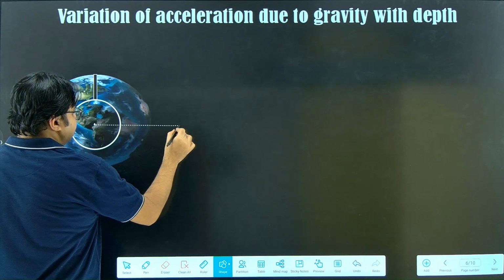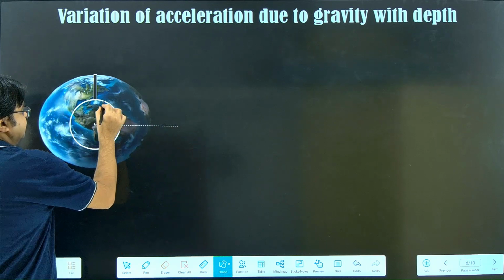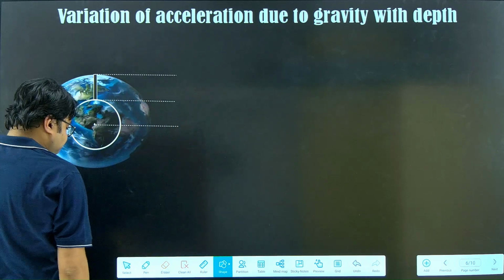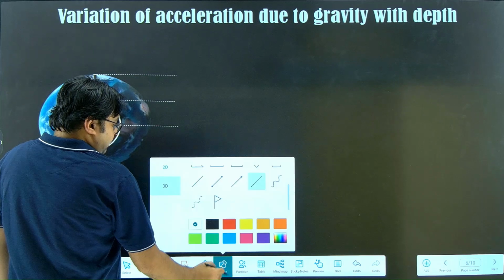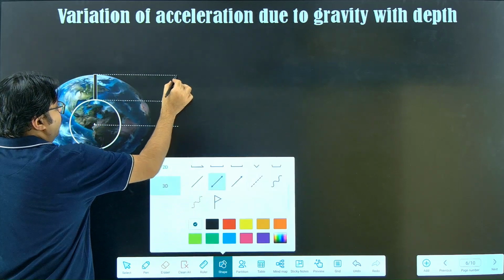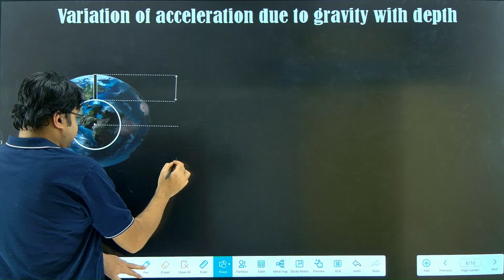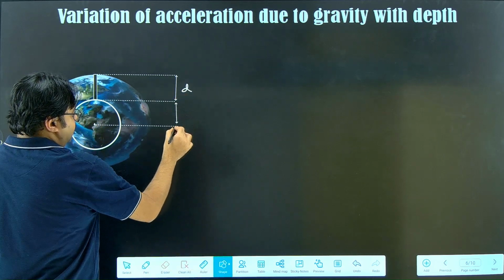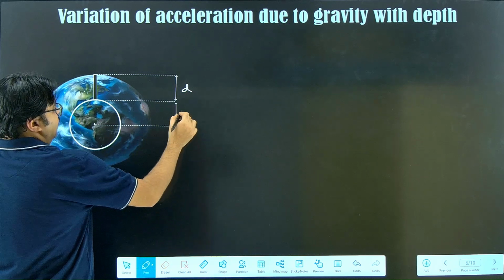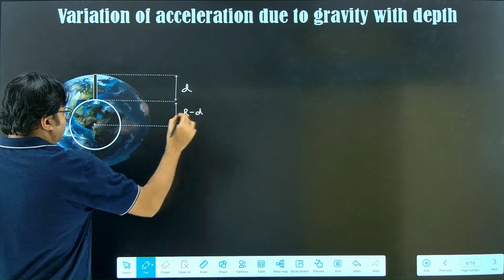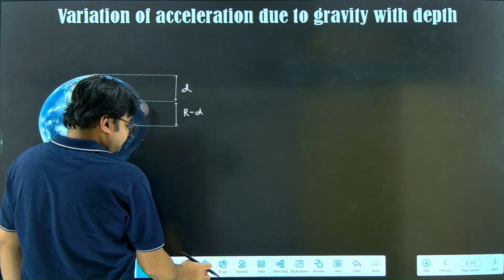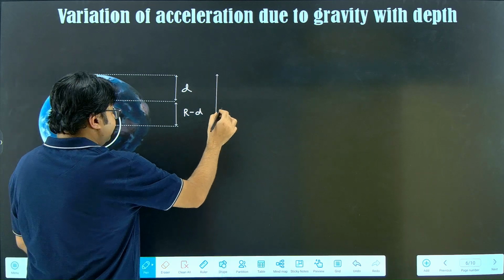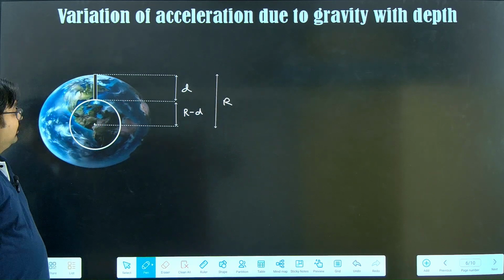Let's write down all the distances. This is the center. This is the place where you are, and that's the surface of the earth. Well, the distances would be: from here to here is the depth d, I shall write, and from here to here is R minus d, because this whole distance, all the way from here to here, is R, the radius of the earth.